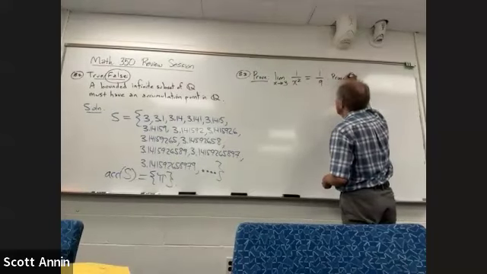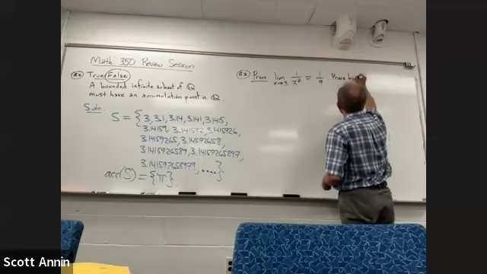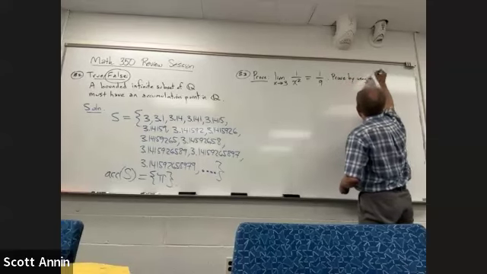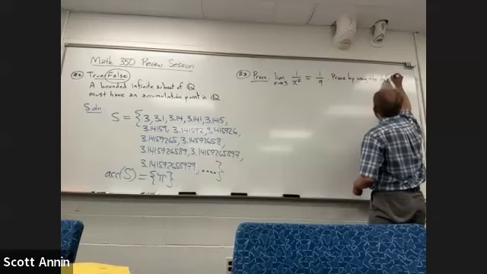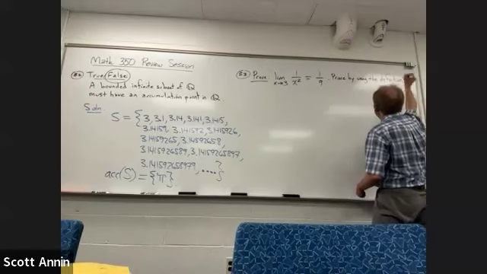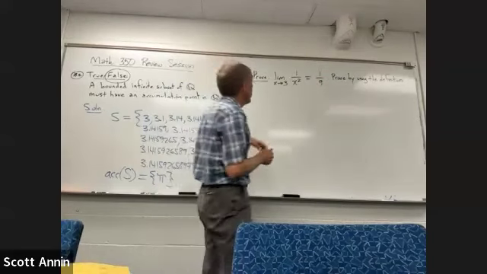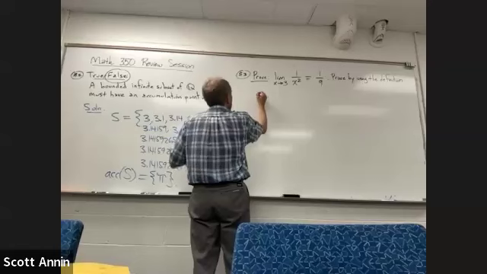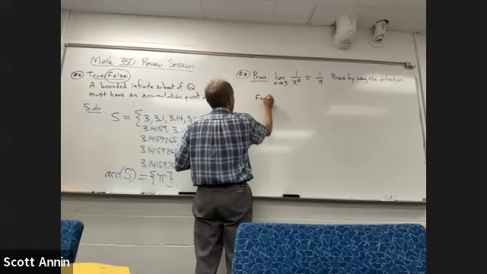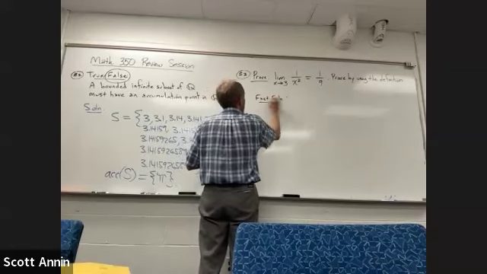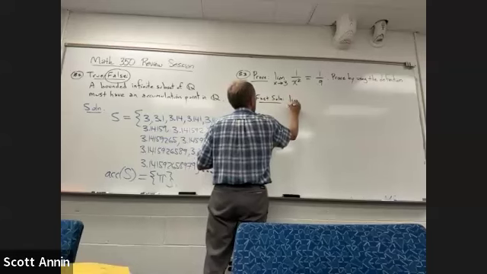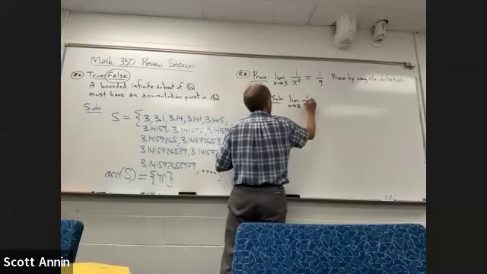Prove this by using the definition. Because if I don't say that, then we have our limit theorems, right? And the fast solution would be, hey, the limit as x approaches 3 of 1 over x squared.